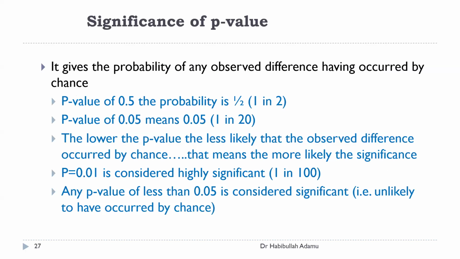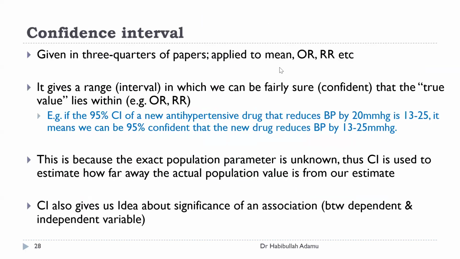Confidence interval, yes, we just talked about it. We say it is usually applied to mean, odds ratio, or relative risk. These are the three major areas that you apply confidence interval to. So we say it gives a range in which we can be fairly sure that the true value lies within.